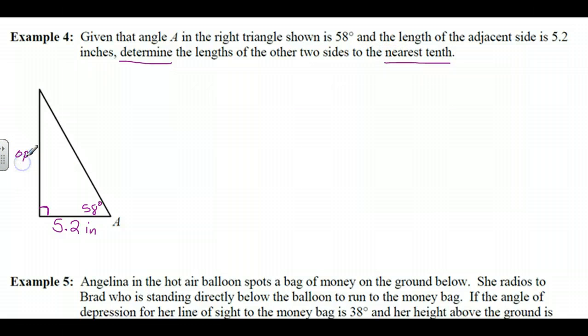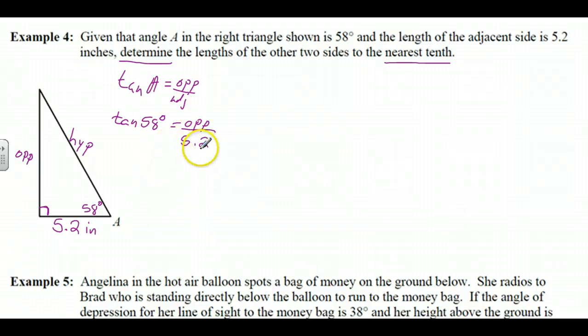Okay, let's label some things here. This is opposite. This is hypotenuse. We know an angle, we know adjacent. So we can use adjacent to figure out the opposite. That's the tangent ratio. So we'll say tan A is opposite over adjacent. The tangent of 58 degrees is equal to opposite over 5.2.